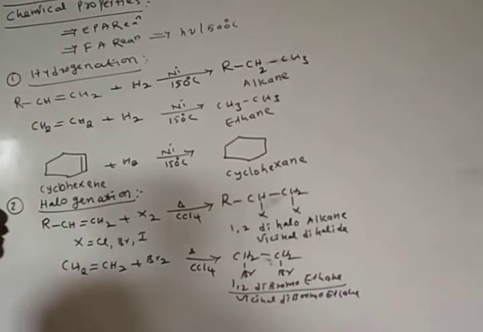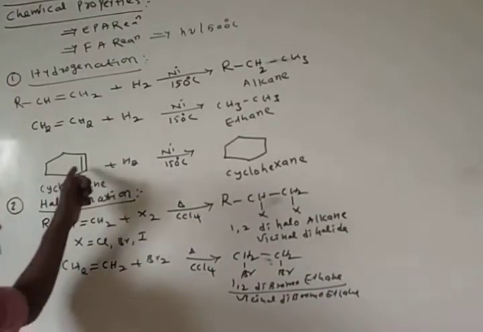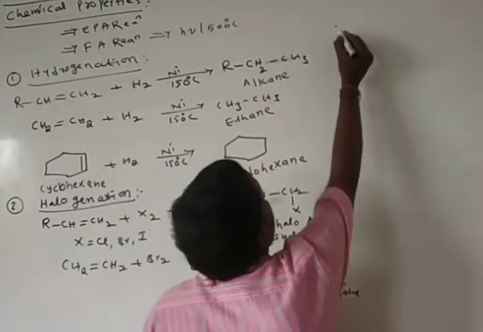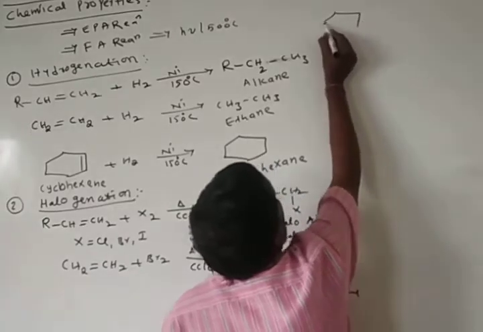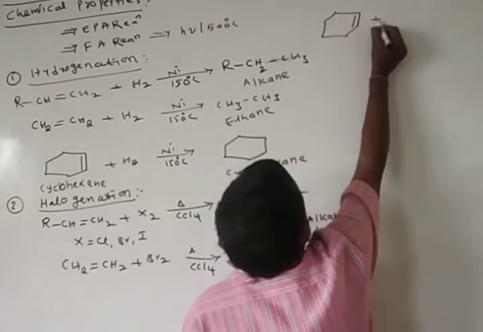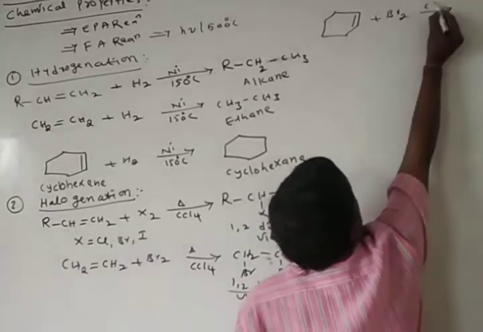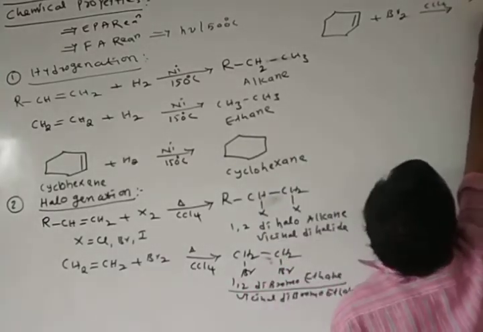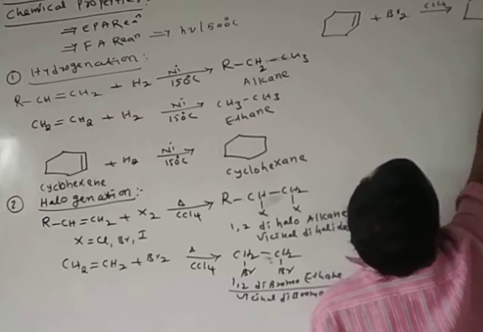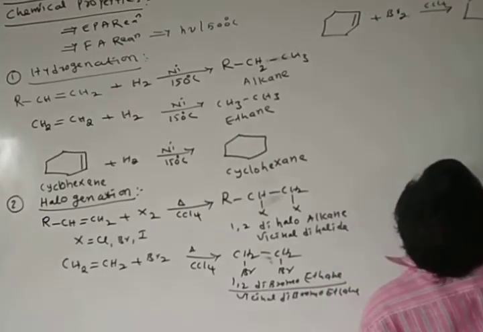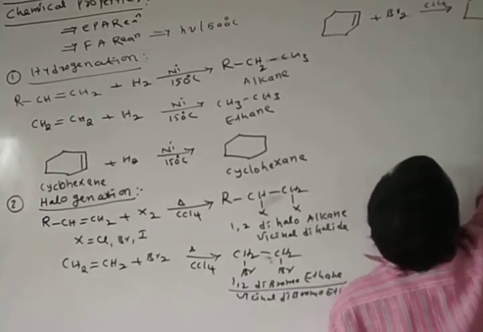Vicinal dibromoethane. For example, if we take this molecule, what happens here? It reacts with Br2 in the presence of carbon tetrachloride. See here, one bromine here, one bromine here.